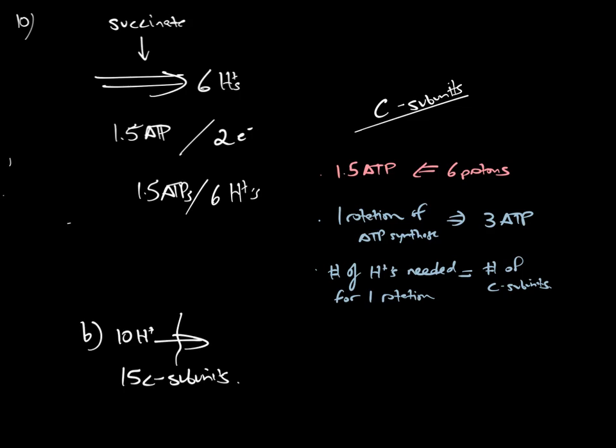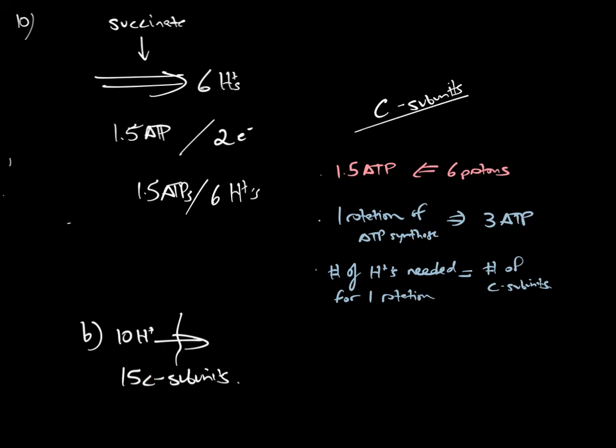Okay, so the logic behind this one is one full rotation requires 15 protons, because the number of protons needed for one rotation is equal to the number of C subunits. If I have 15 C subunits, I need 15 protons for one full rotation.